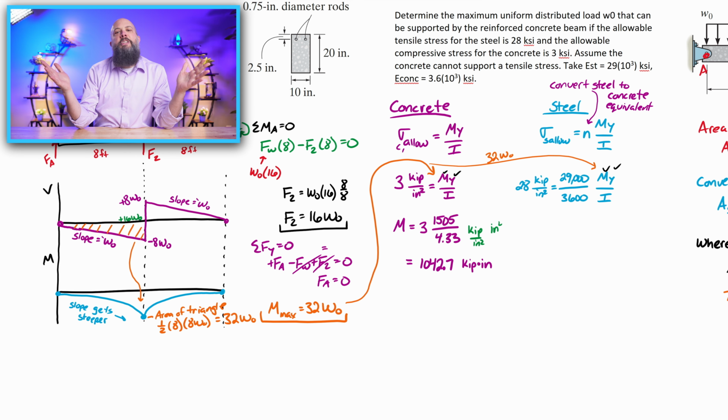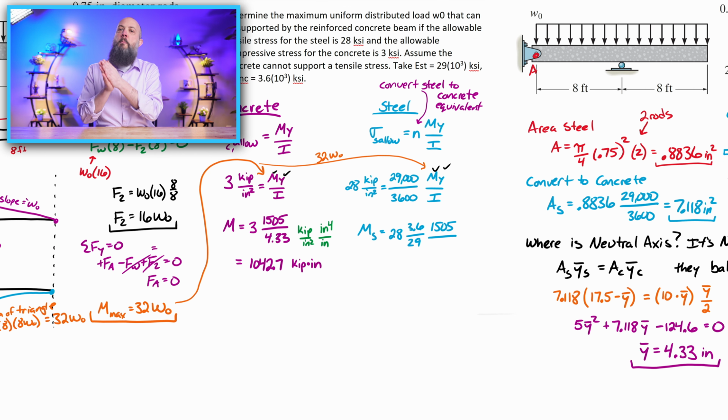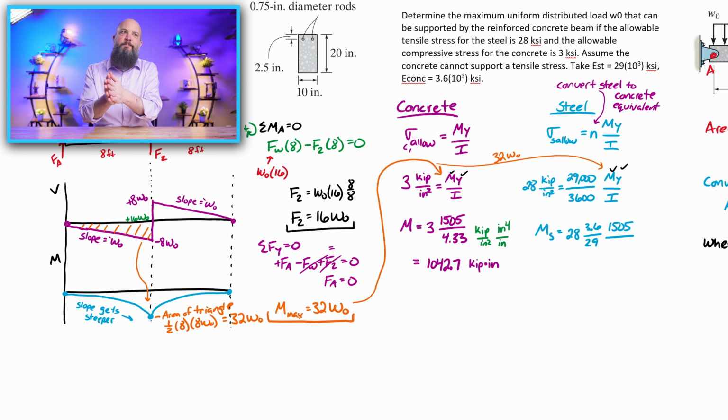And then the same 1505 for I on both. So for both the concrete and the steel, rearrange the equation to solve for M, the maximum bending moment before it would break. And I get for the concrete, 1,042 kip inches, and for the steel, 397 kip inches.